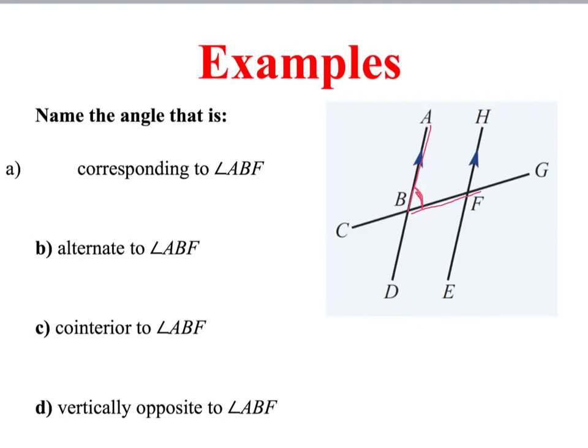That's my angle. Where's the angle that is corresponding to that? If I remember corresponding, that must mean this angle here is corresponding. So, the corresponding angle to ABF is angle HFG.